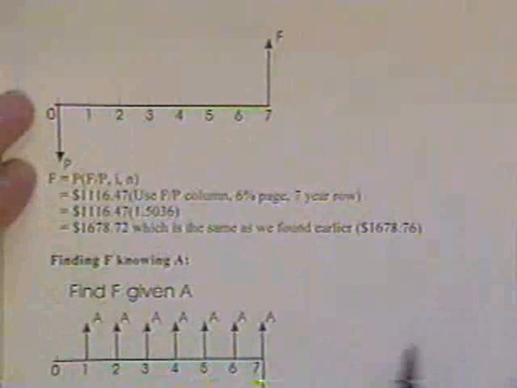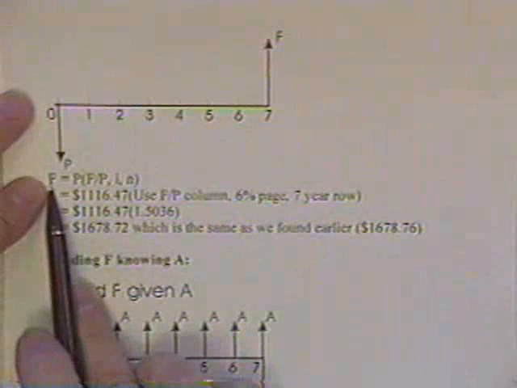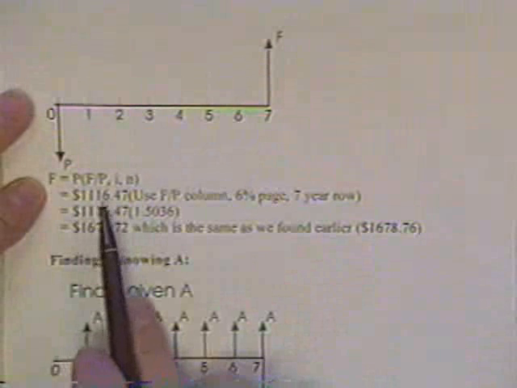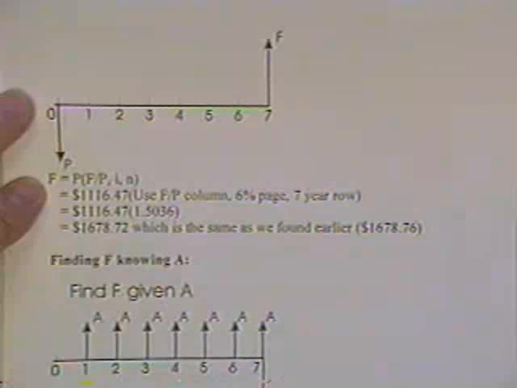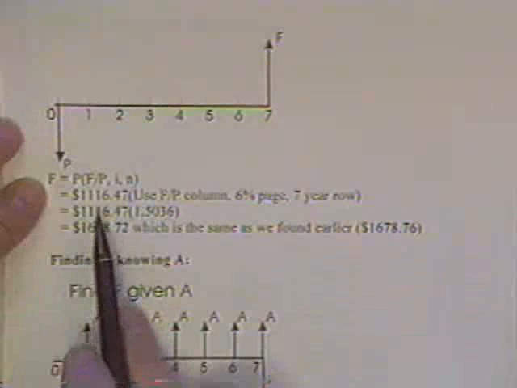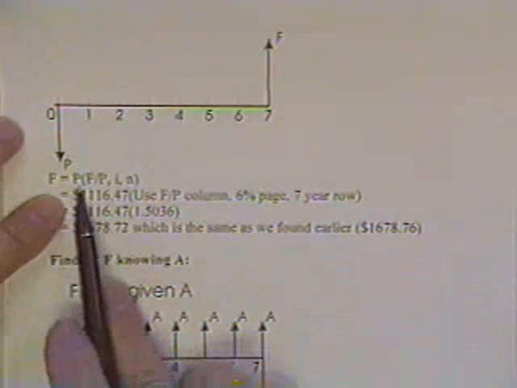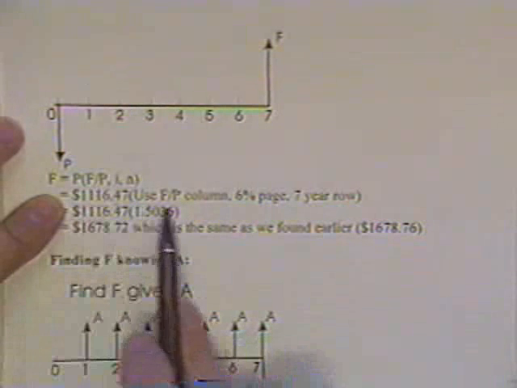In other words, if you were to solve for this future number, F, knowing a present number of 1116.47, you ought to get 1678.76. So we take 1116.47. We want to change the present value into a future value, which we think we know what that future value is, but we're checking it.